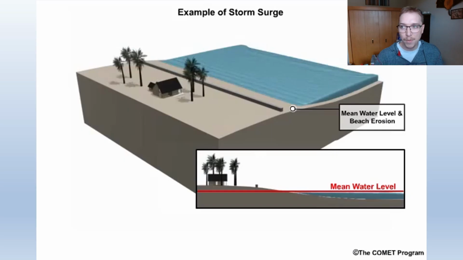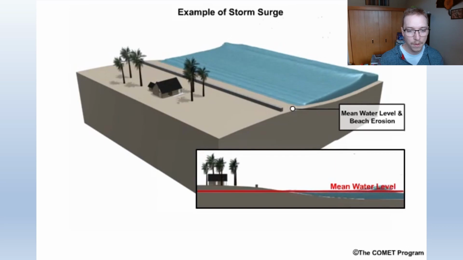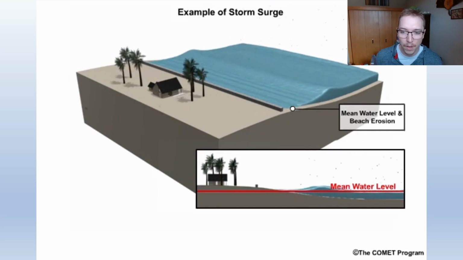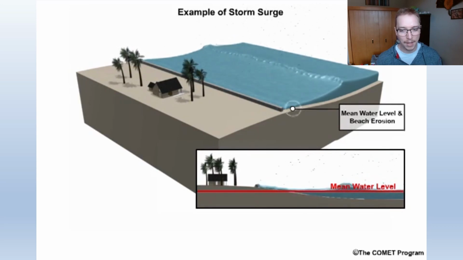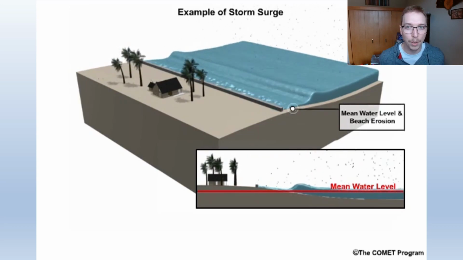So same thing we saw with the wind one. This is an example of storm surges. As we're increasing in intensity here, we can see it's being exhibited by bigger and bigger surges.